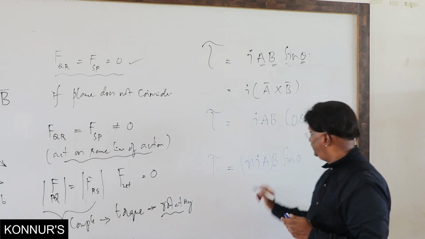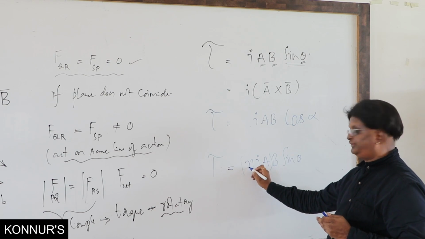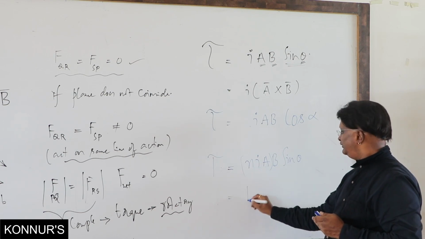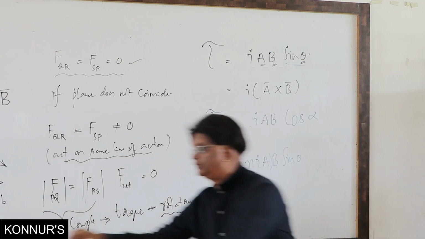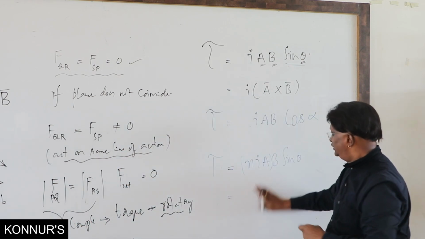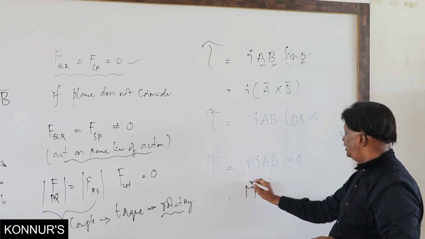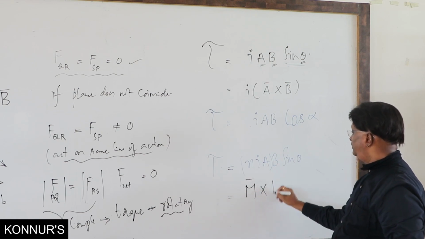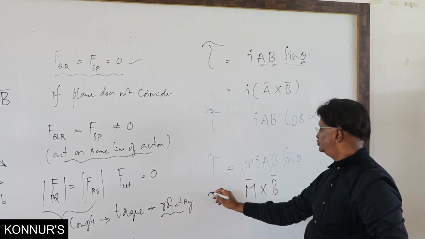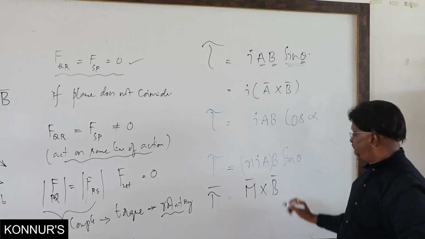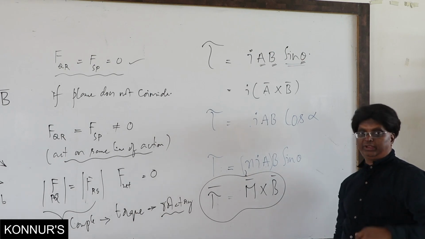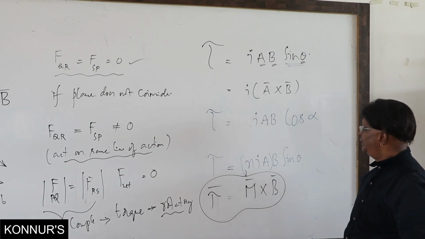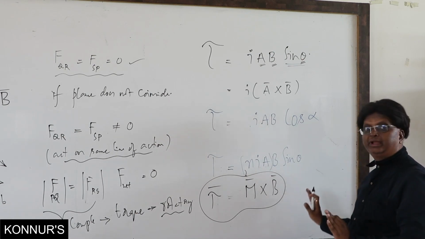The same expression you will find here, IA, and it is N. Therefore, this is the moment vector M bar, and this vector is B bar. Tau bar is equal to M bar cross B bar. Same result as that we see for a magnetic dipole in an external field. So this expression is very, very important.